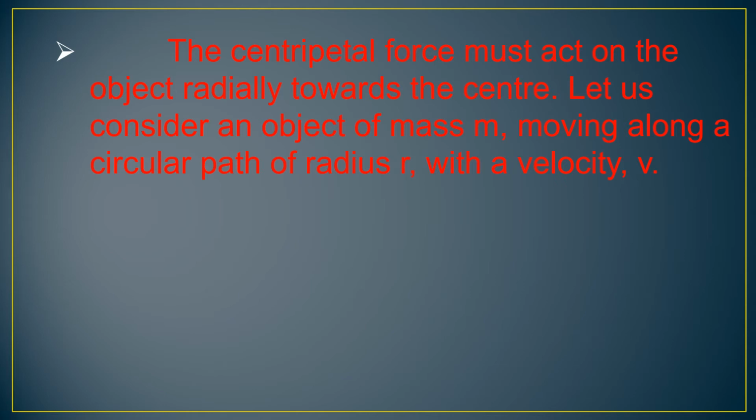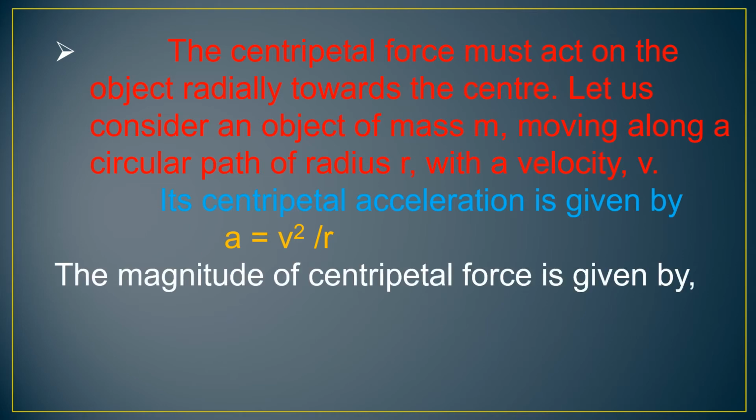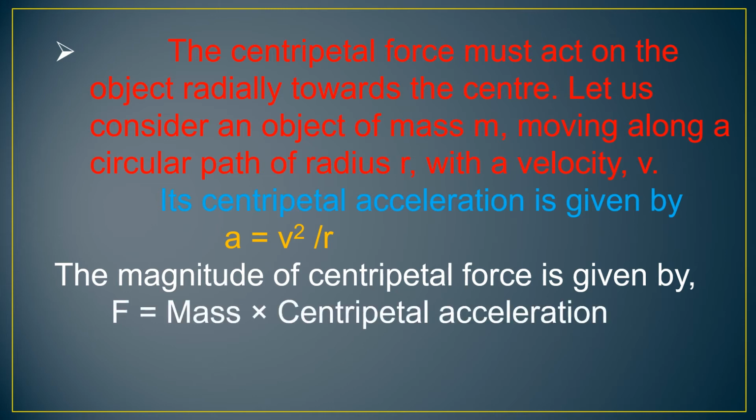Let us consider an object of mass m moving along a circular path of radius r with a velocity v. Its centripetal acceleration is given by a is equal to v squared divided by r. Here a is the centripetal acceleration, v is the velocity and r is the radius. The magnitude of centripetal force is F is equal to mass into centripetal acceleration.